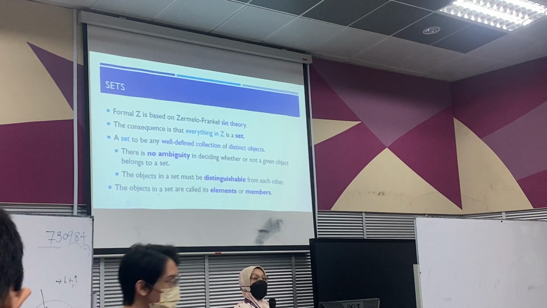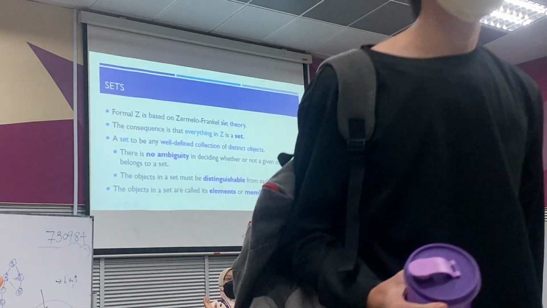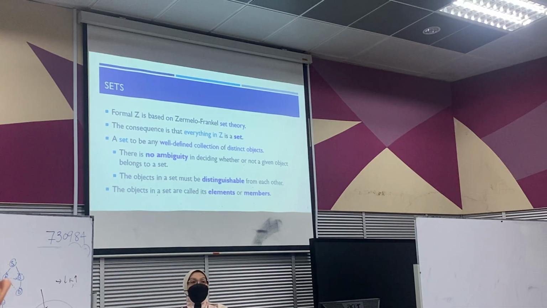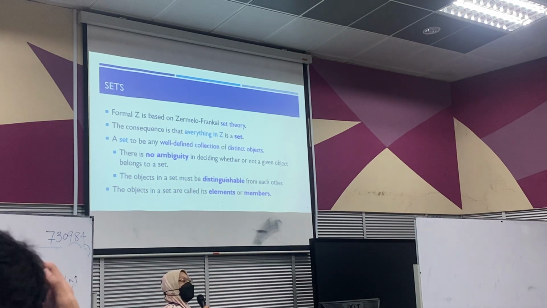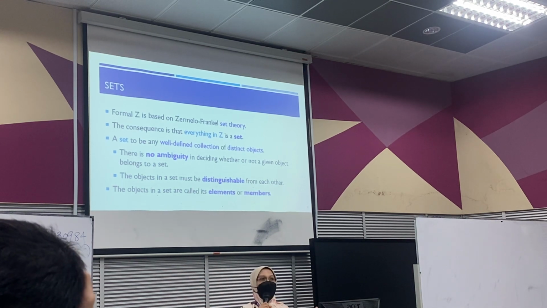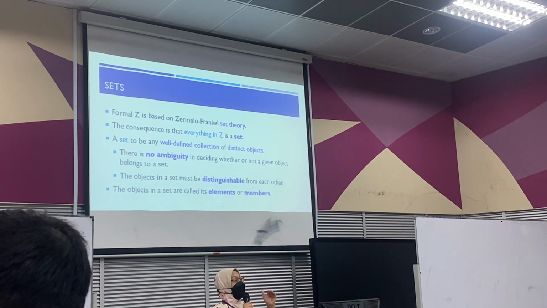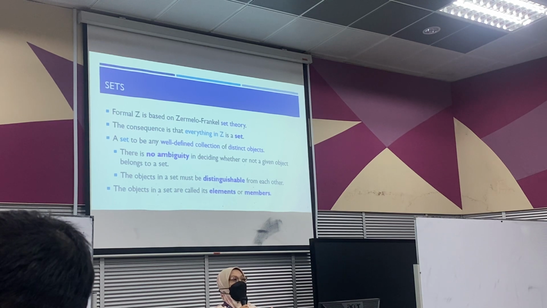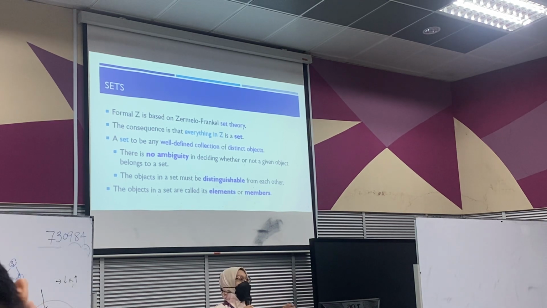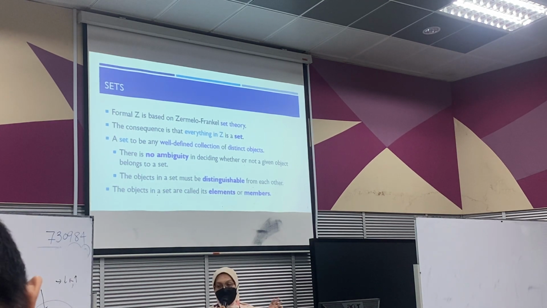As I told you just now, a lot of Z later you are going to use set theory. So before we proceed with Z schema and so on, let's recap what you have learned about sets before, because these symbols that you are going to use later will mostly be used inside your schema.